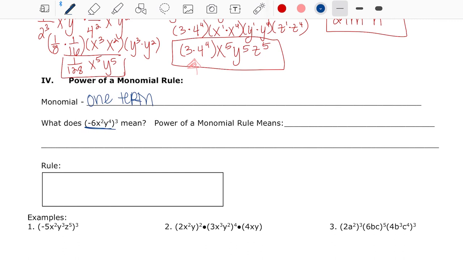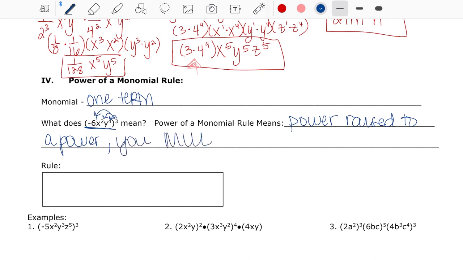So that would become negative 6 to the power of 3, because that exponent is a 1, x to the power of 6, and then y to the power of 4. So we're kind of taking everything we've talked about and combining it. And really just the biggest thing that I need you guys to take away is that when you have a power raised to a power, you multiply the exponents.